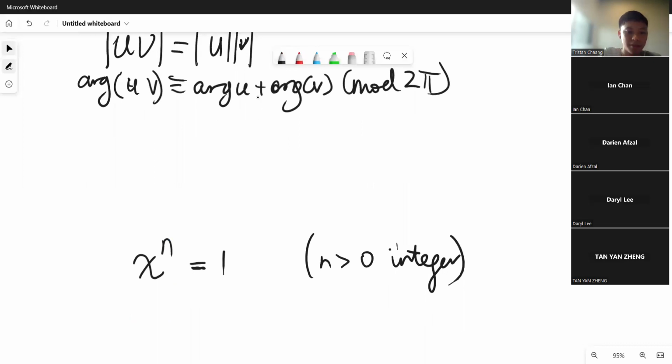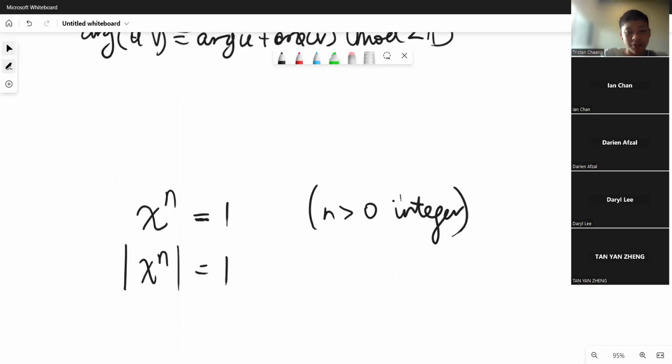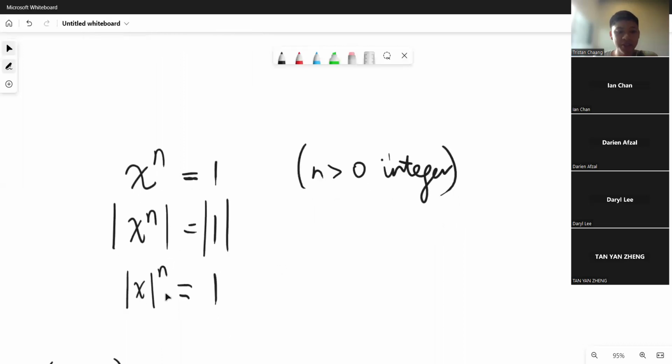If I apply absolute value on both sides, well, the magnitude of 1 is just 1. And this thing, by the property above, is equal to the magnitude of x itself to the power of n, right? Because x to the n is just x times x times x and so on, and the magnitudes multiply.